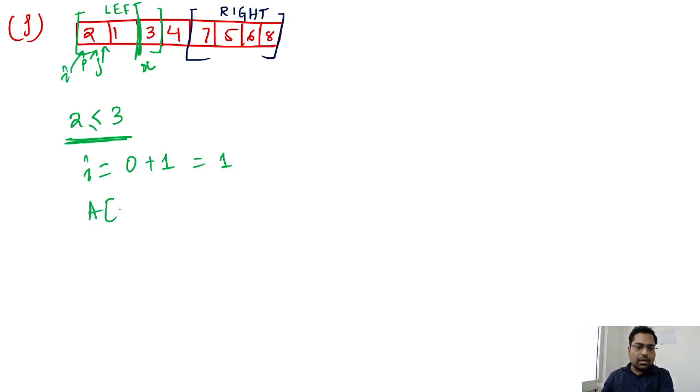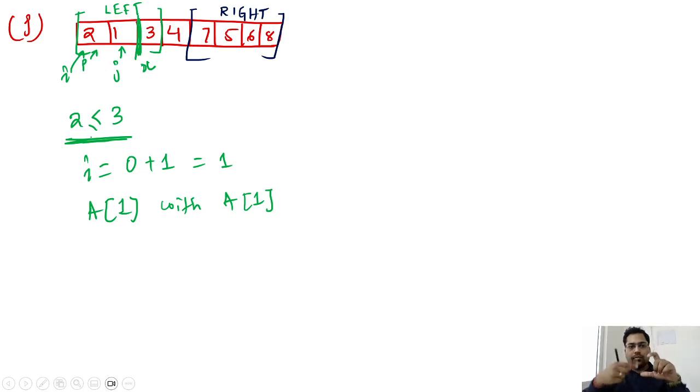Once it is done, we swap A of I with A of j. A of 1 with A of 1 again, since the j value is at 1, so no need to change it. We simply wait. Then the j value is incremented to the next element, because within the for loop we have to reach up to the element previous to the pivot element.